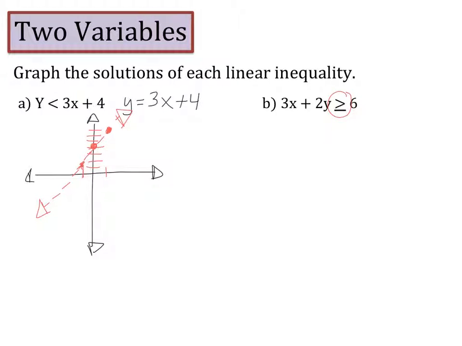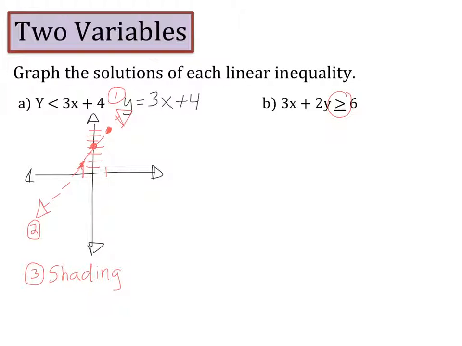Okay, so the first step is to graph it as if it is a normal linear equation. Second step is to decide whether it's a dotted line or a solid line. And the third step is shading. So put a 2 here that shows the second step. For the third step, it's determining the shading.